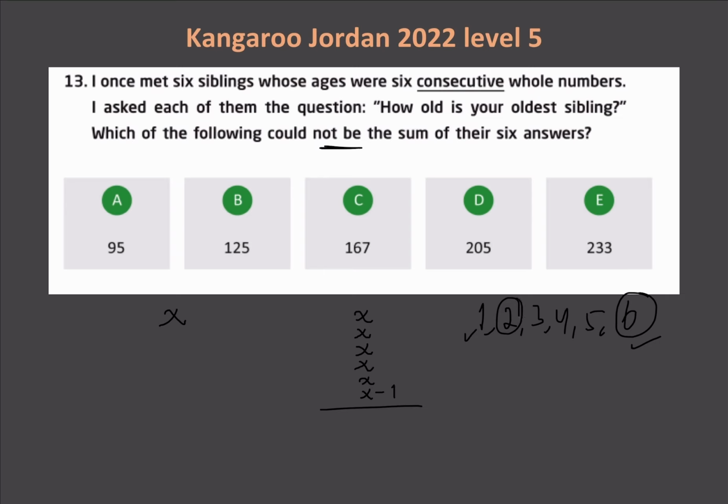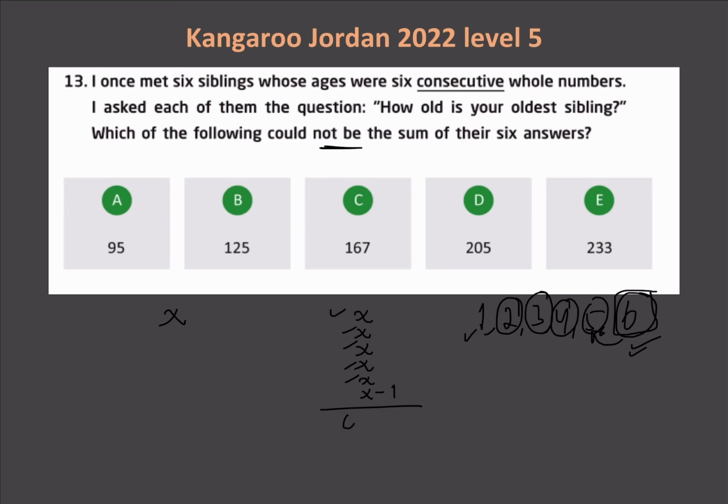If I ask this one, he would say 6 as well. All of them will answer the same number. But if I ask the oldest person, what is the oldest age of your sibling, he would answer 5. Okay, so this is the technique or the idea.